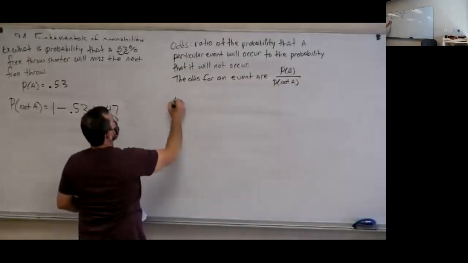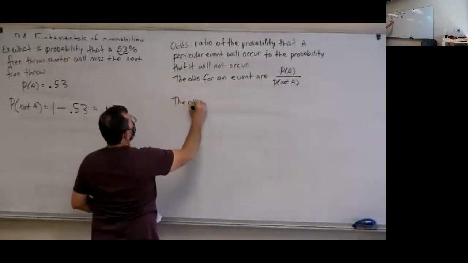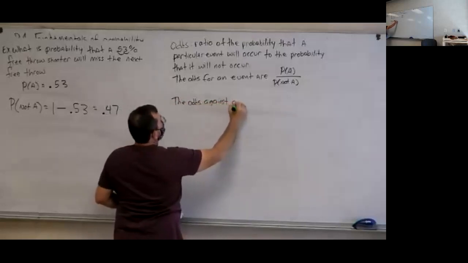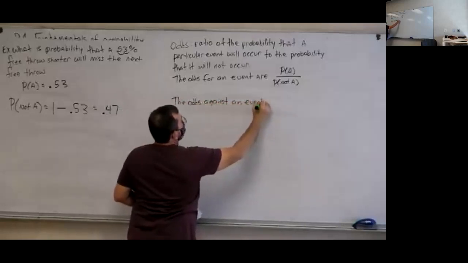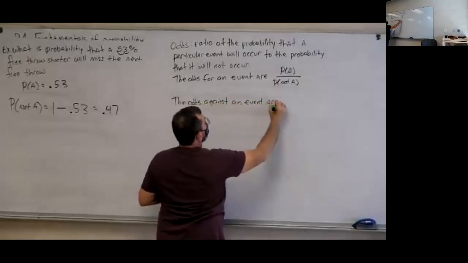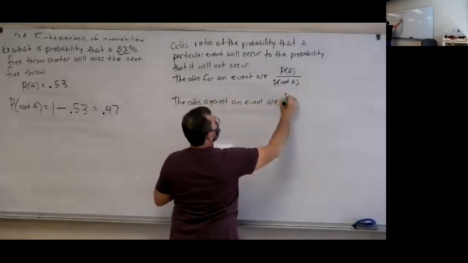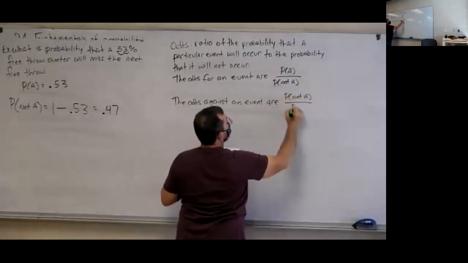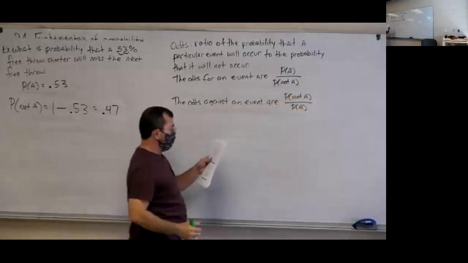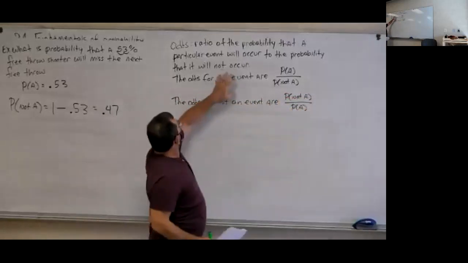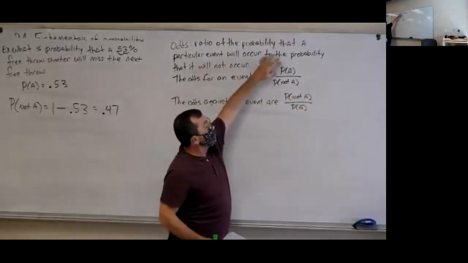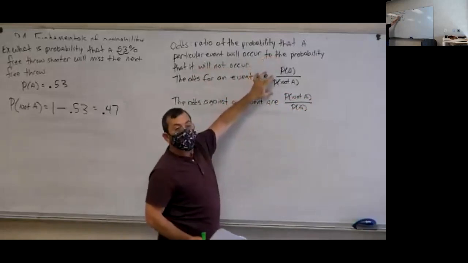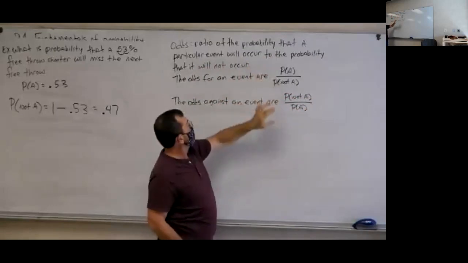The odds against an event are P of not A over P of A. So for an event, you take the odds of that event happening divided by the odds that the event does not happen.